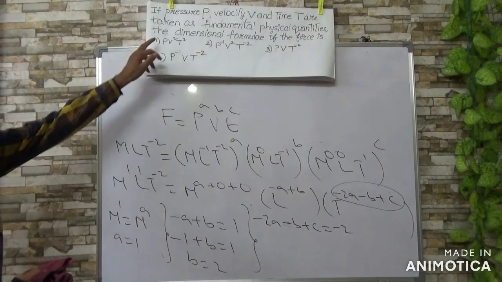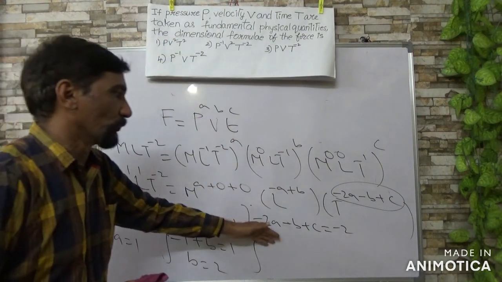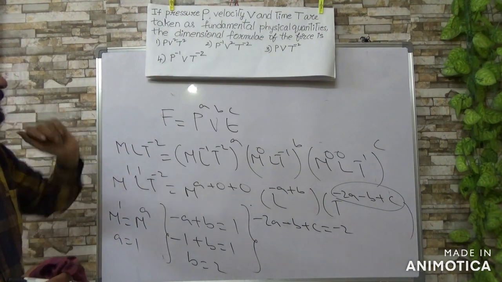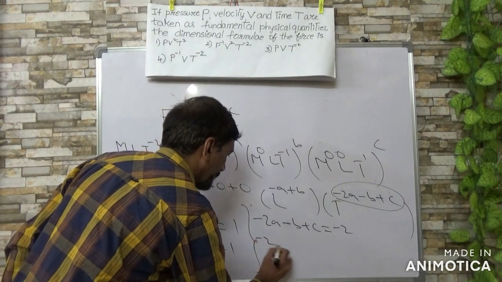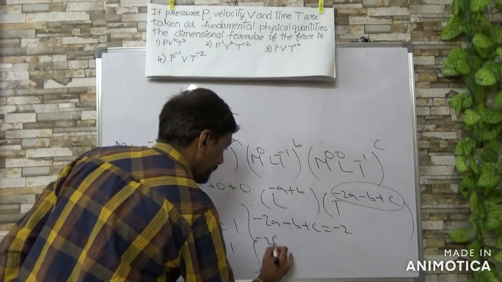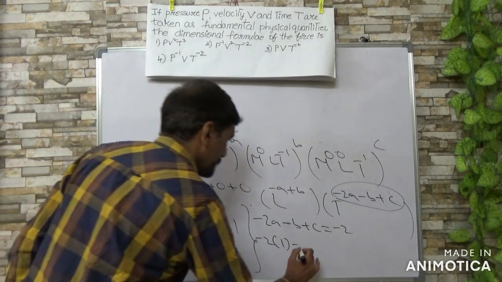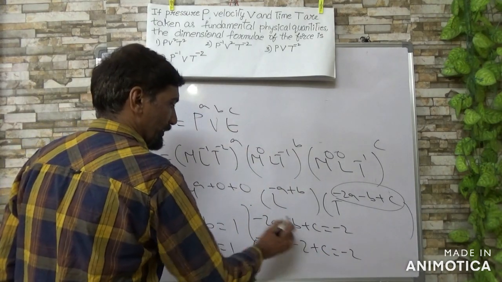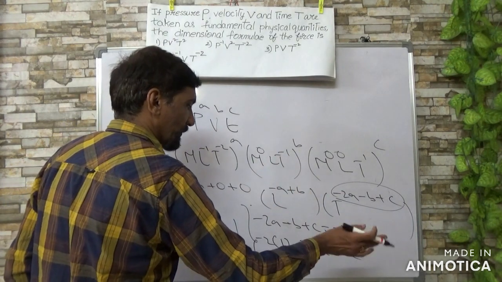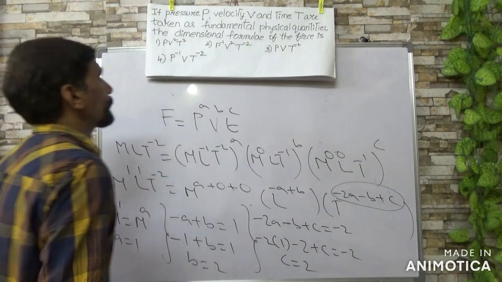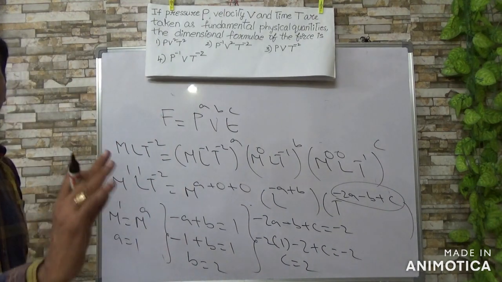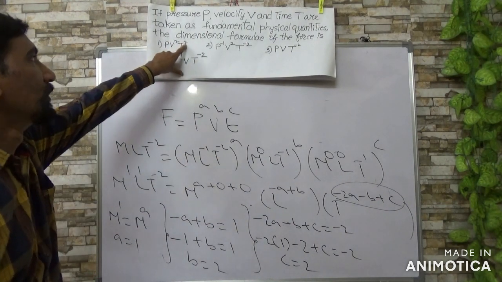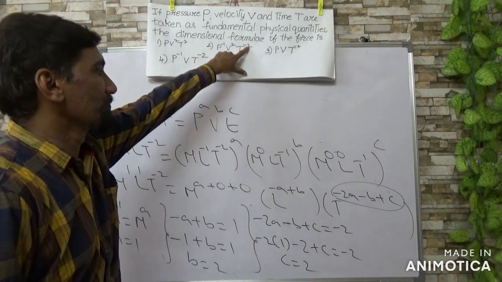Or else you can take A 1, B 2, C 2 and substitute; if you get minus 2, you can take that option directly. A is already known 1, B 2, C you have to find. So minus 2 minus 2 is minus 4, take to the other side, plus 4, so C becomes 2. That means the first option is the correct one. So instead of solving, by substituting A 1, B 2, C 2 also you can find.